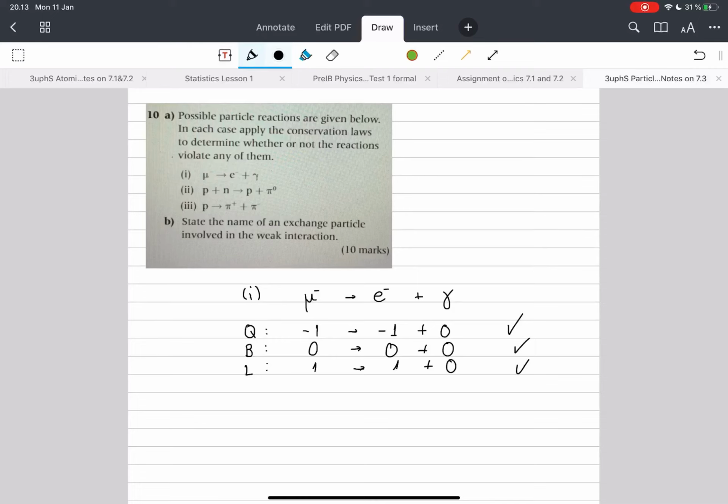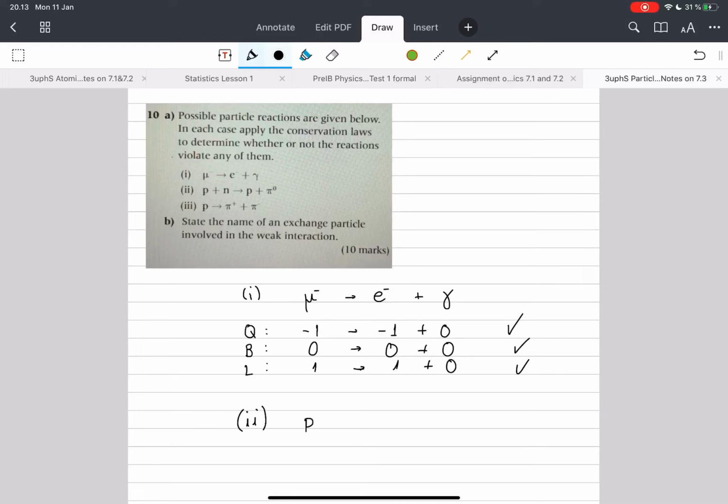So is this reaction possible? Well, yes, this reaction is fine. We can say that this reaction does not violate any of the rules. Let's go to the next reaction.